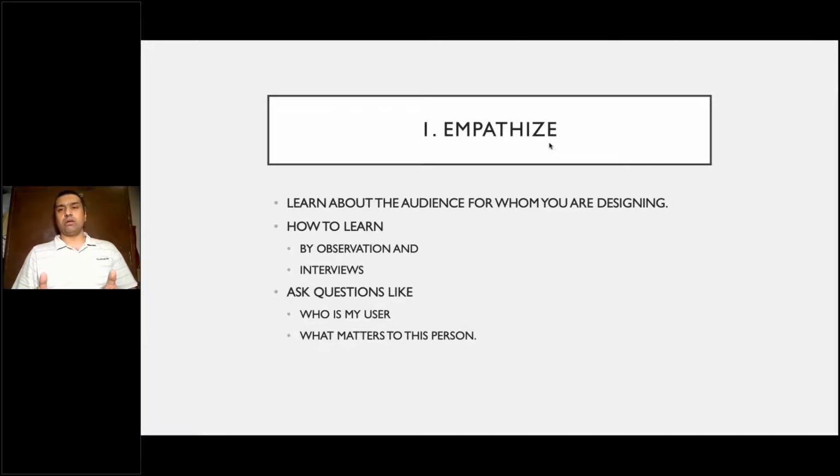What you're doing here, you're stepping in someone's shoes, you're stepping in their position, you're wearing their glasses, and you're looking at the world from their perspective. It's easier said than done, but it takes effort to do that.